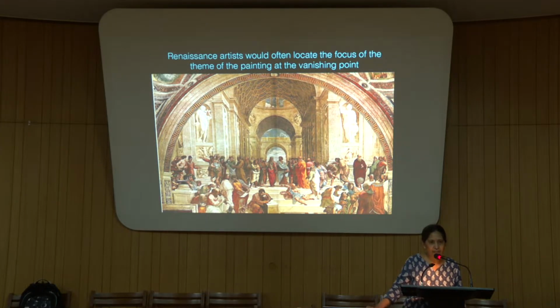And in one corner, on the rightmost corner, you'll see a small painting of a head over here. That is actually the painter himself. Raphael's face is depicted in one corner. So the vanishing point, the point at which parallel lines meet, is given a special thematic significance also by the Renaissance painters.